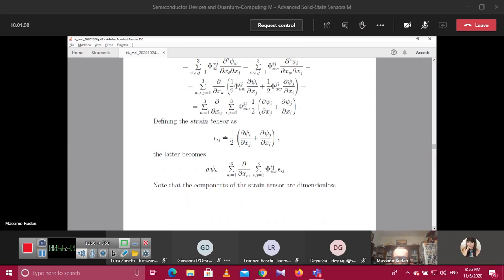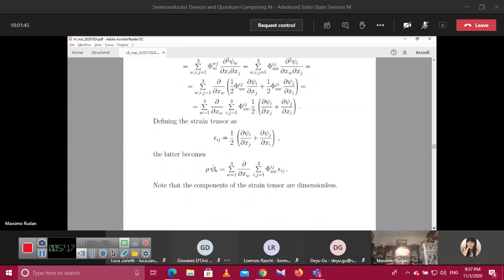But this means also that the units of phi divided by a length must be equal to the units of the left-hand side. Okay, so what are the units of the left-hand side? Well, the density is a mass over a volume. Okay, and psi dot dot is a length over a time square, so it is an acceleration.